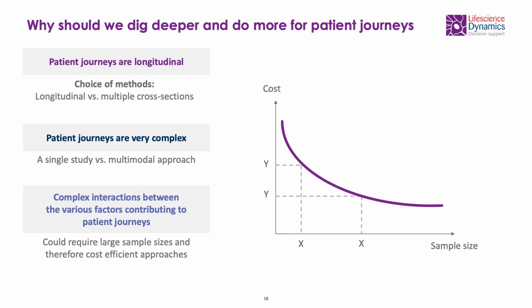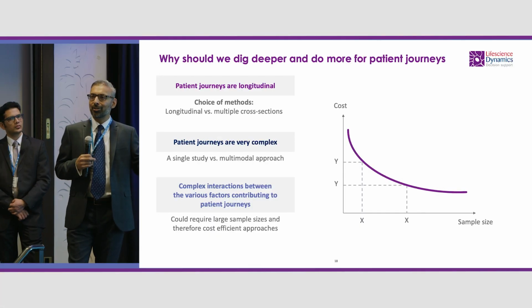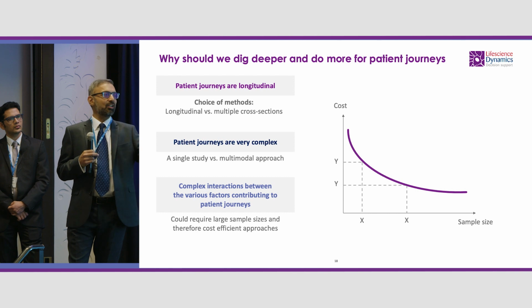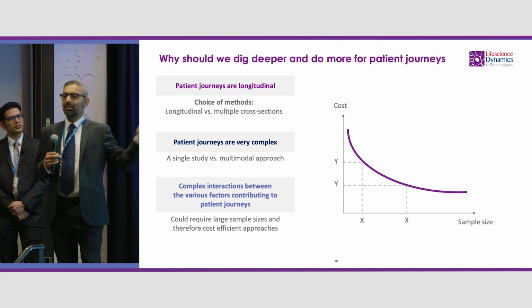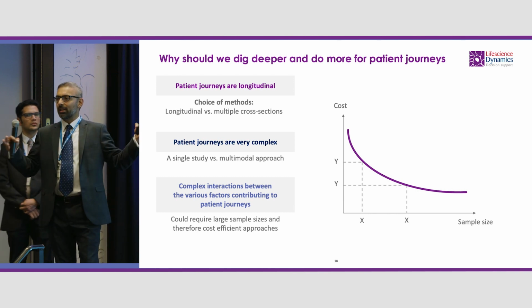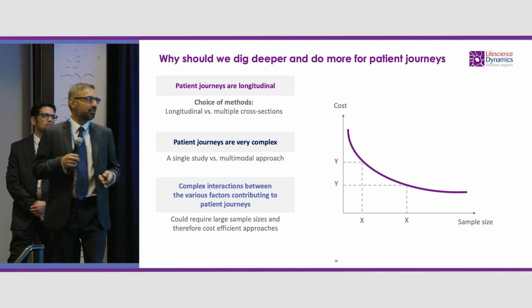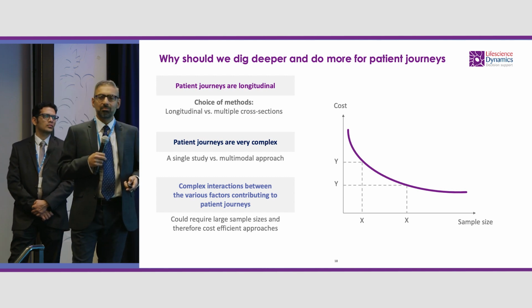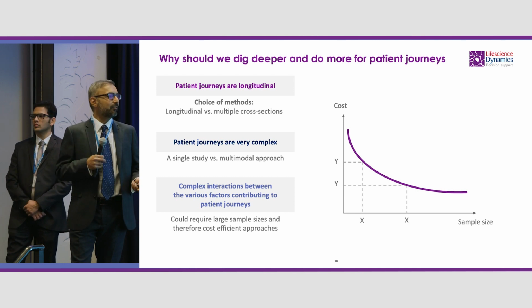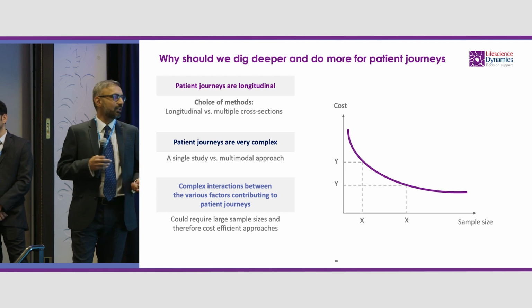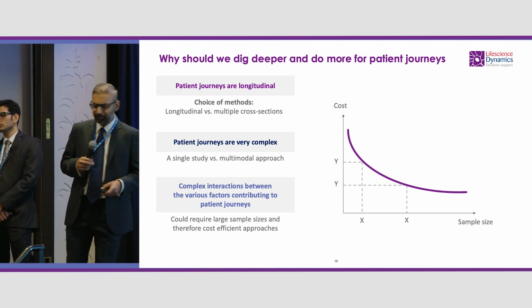Whether you're doing primary research on 500 or 1,000 patients, but if I spend the same amount of money, I can probably get 1 million patients with a database. So those are the questions we may want to consider and try to answer as we design what type of studies we require for studying the patient journey.